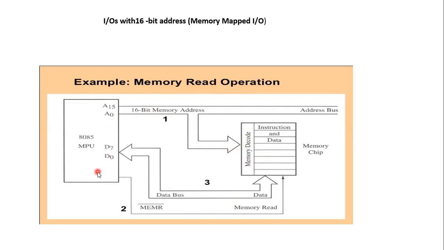After that the control unit uses the control signal, memory read. When this signal is low, it fetches the required data from that address and puts it on the data bus. Then the data is transmitted through the data bus into the MPU. This is the memory read operation.